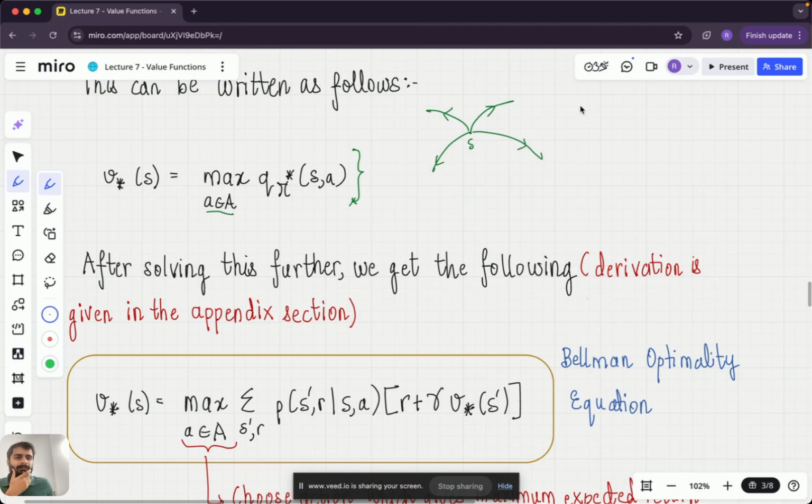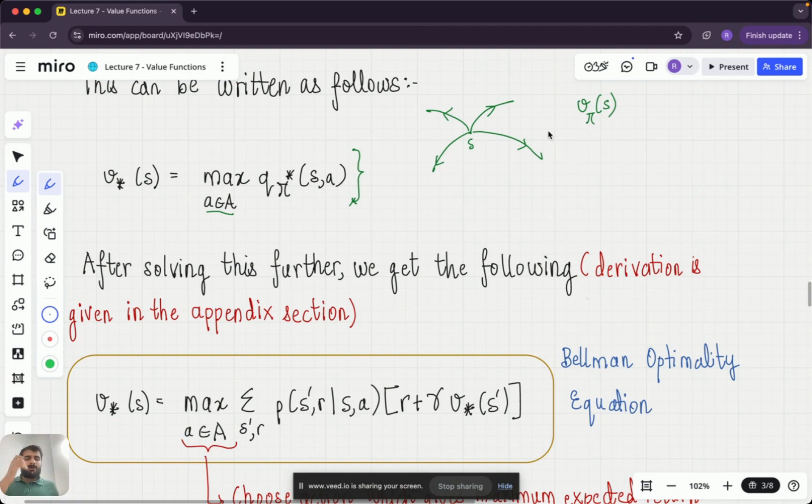Usually when I write down my value function for this state, I am calculating an expected reward which I get when my agent is in this state and it follows a particular policy.